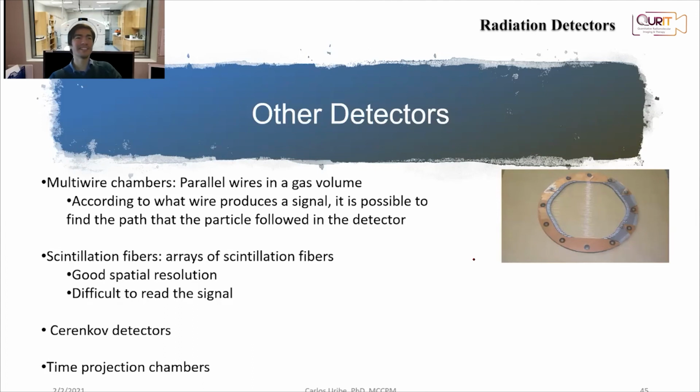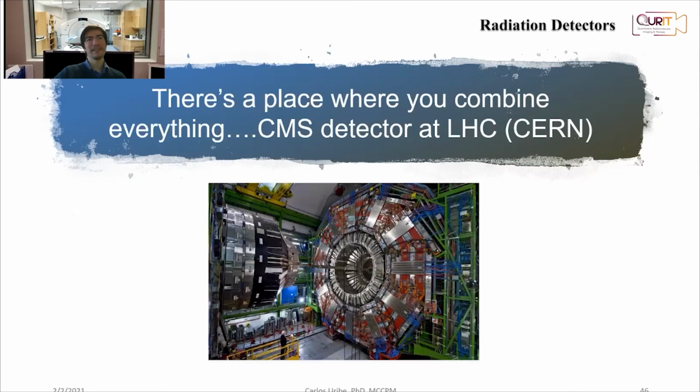There are also scintillation fibers, which are arrays of scintillators that give you good spatial resolution, but it's really hard to read the signal. There are also detectors to measure Cherenkov radiation, and time projection chambers. A place where you can combine all these types of detectors is, for example, at CERN, at the Hadron Collider, where people are working on detecting all types of particles, charged and non-charged, trying to understand fundamental questions of physics.